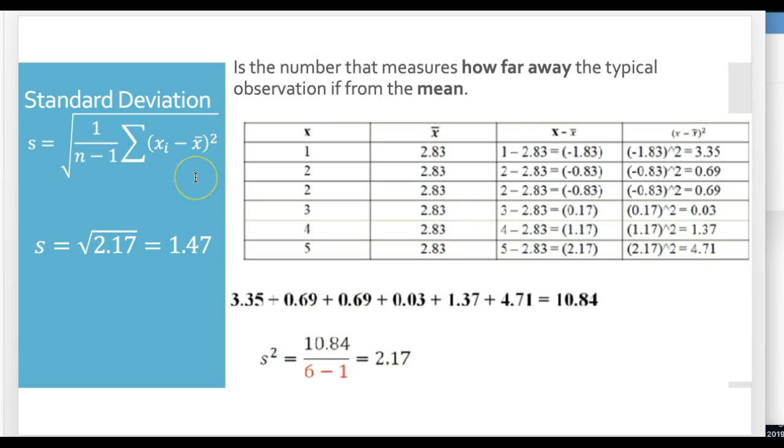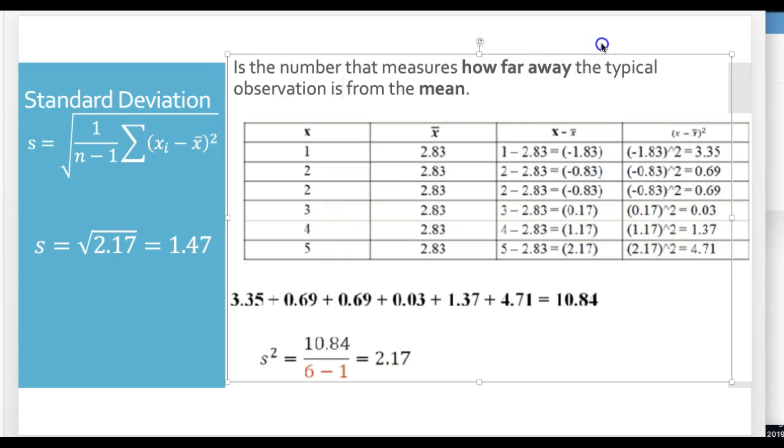If I were to pick any home run total, what would be the average squared distance between the observation and the average? So what we do here is we take the square root. And what the square root gives us is the standard deviation. The standard deviation is the number that measures how far away the typical observation is from the mean.